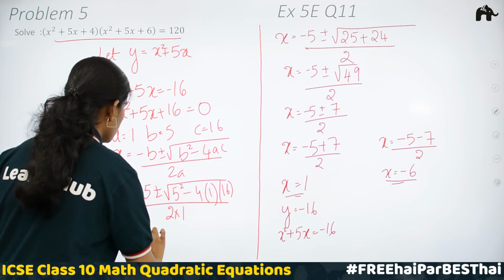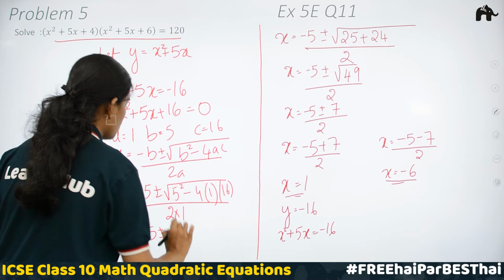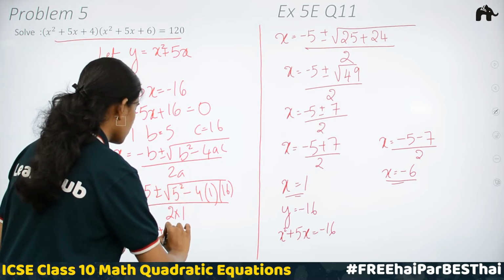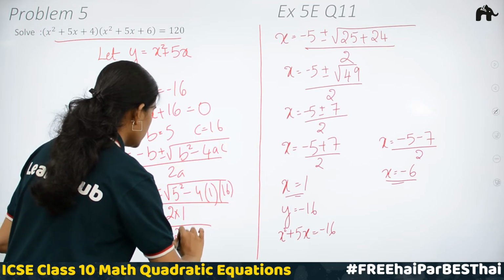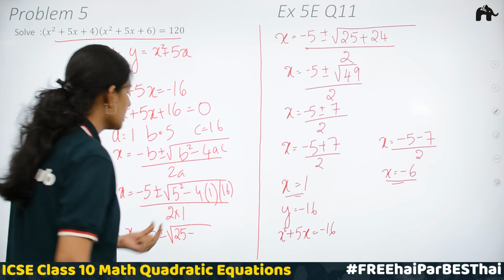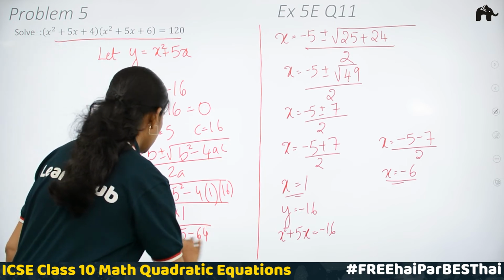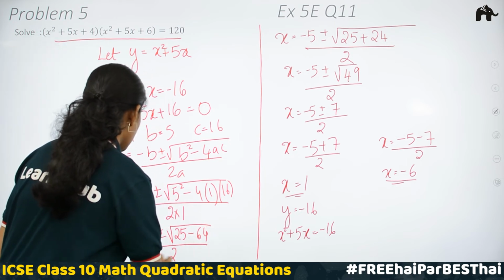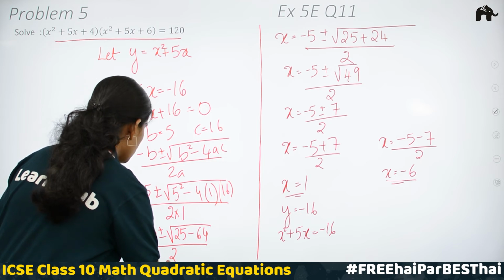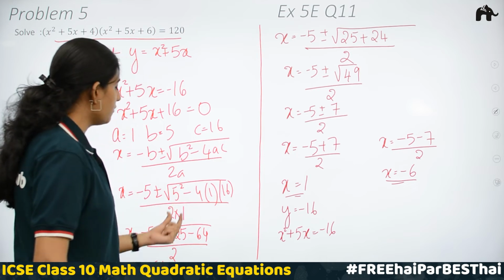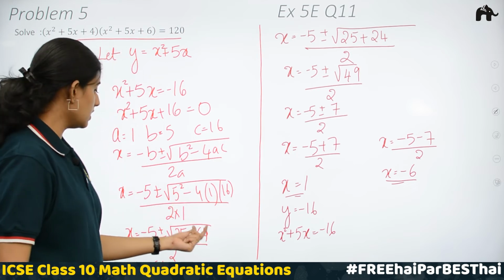That is minus 5 plus or minus root of 25 minus 64, divided by 2.